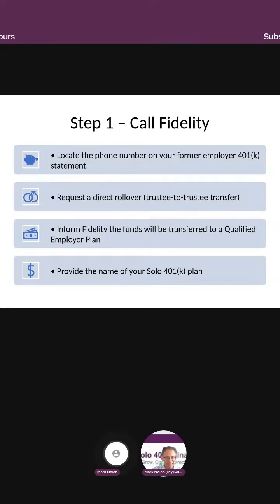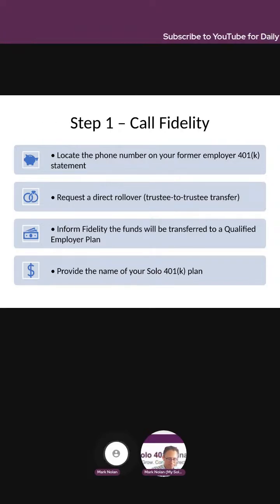The answer is that Fidelity Investments will not allow you to move those funds internally directly from that former employer 401k to a non-prototype brokerage account at Fidelity Investments for a solo 401k offered by an outside provider like my solo 401k financial. It would be nice if they would allow for it, but they don't. So you have to follow Fidelity Investments procedures.